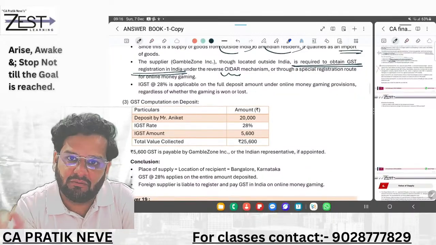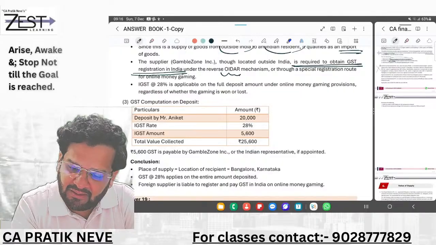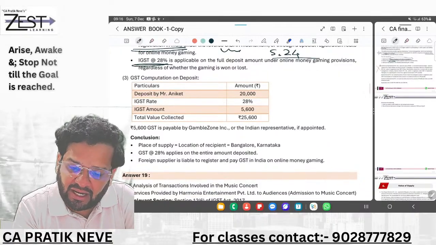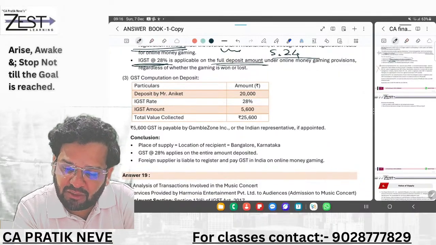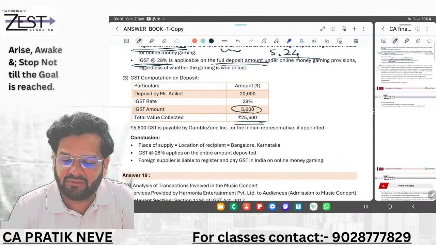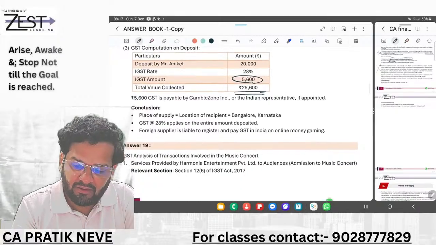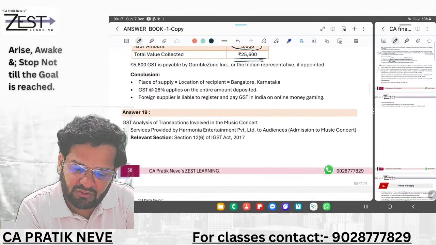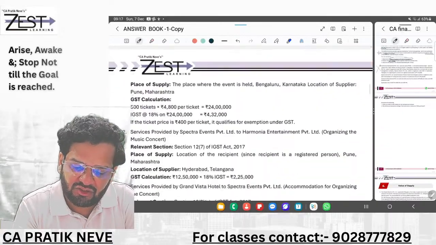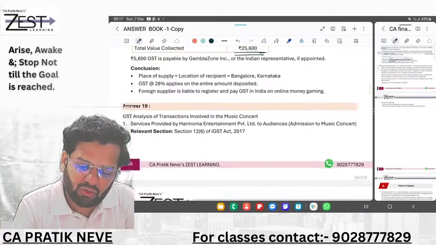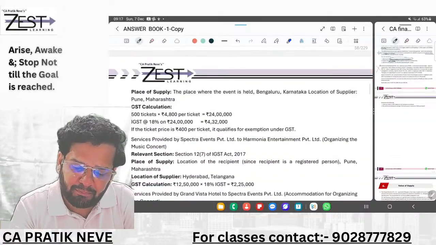By that means registration is compulsory as per section 24 for these people. IGST will be applicable at 28% on the full deposit amount. Okay, so it will be 5,600. Place of supply understood, how much GST understood, everything. Fantastic. 19th, don't do. I told you it is absolutely the same question.